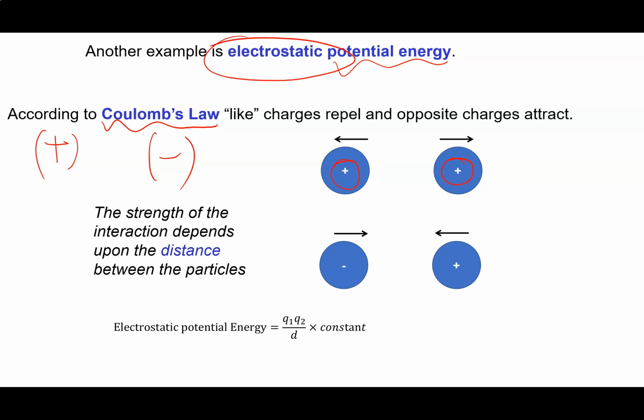They experience a repulsive force between each other, and again, that decreases with the distance between the particles. When these particles are really close to one another, they interact a lot. When they're further away, they don't interact as much. And that kind of makes logical sense. Particles which have opposite electrical charges will attract one another. They will be drawn towards one another. And again, this force gets stronger the closer the particles are to one another.